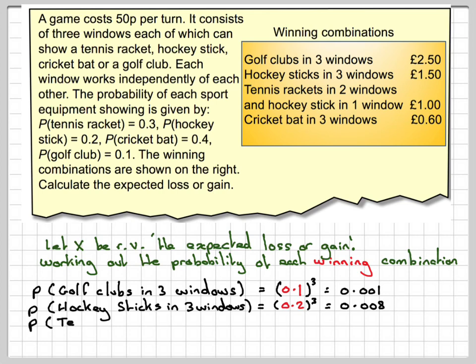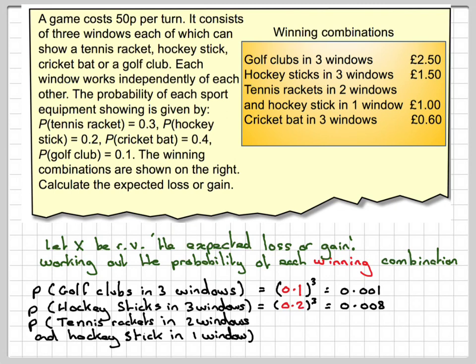And then the probability of a tennis racket in 2 windows and a hockey stick in 1 window is equal to 0.3 squared times 0.2.